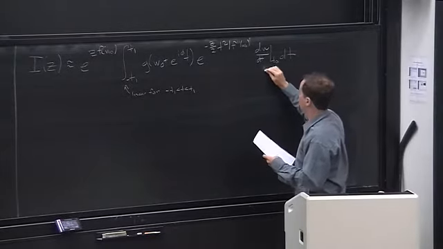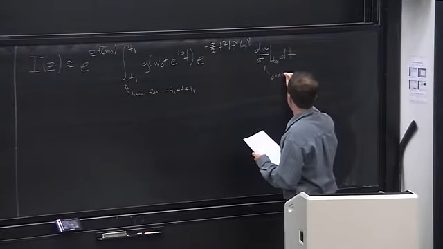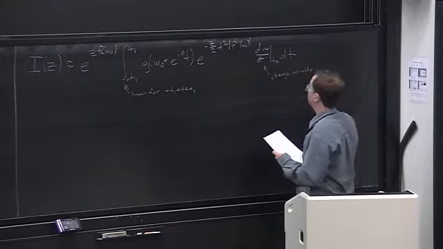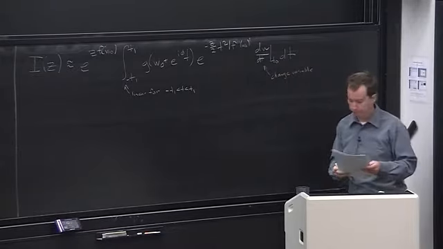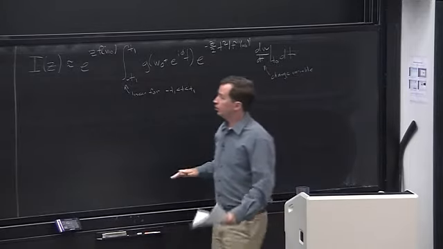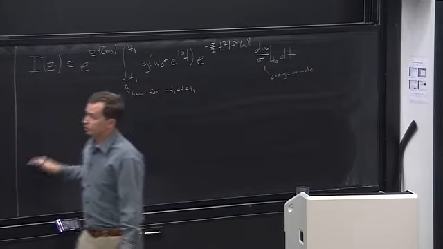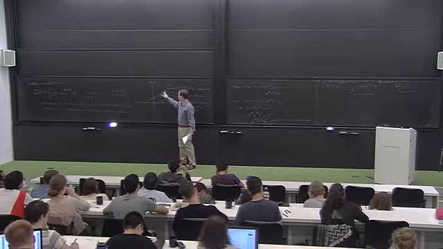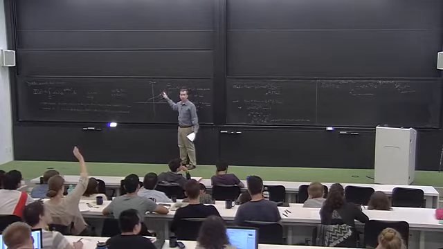And we've changed variables from w to t. So all I've done here is said that our integral is dominated by contribution near the saddle point.